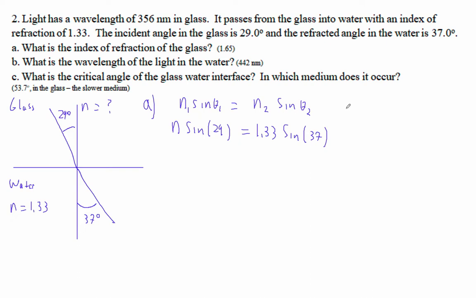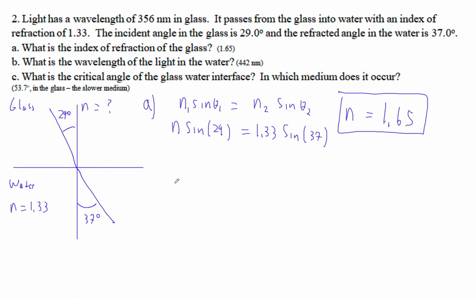All right, it can be solved. N is this times this divided by this. So 1.33 sine of 37 divided by sine of 29. I'm getting 1.65. And there's no units for index of refraction because it's a ratio of velocities, right?